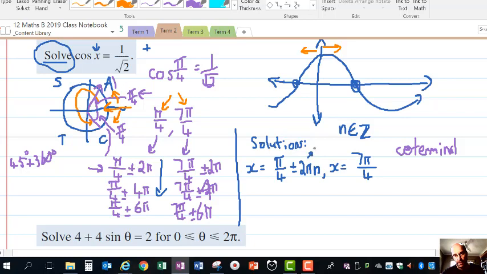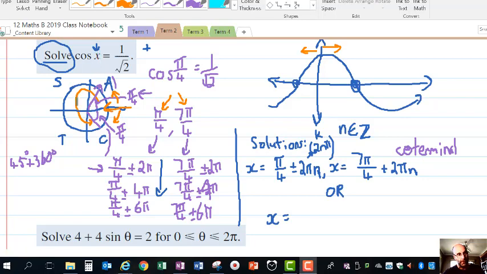Sometimes you might see that as 2n pi, which means the same thing. You might even see other letters like k used sometimes. They're integers. It means any integer value. So that's 2 pi times n, and the same with 7 pi on 4. That's one way of writing the solutions. So x equals pi on 4 plus or minus 2 pi n. x equals 7 pi on 4 plus or minus 2 pi n.